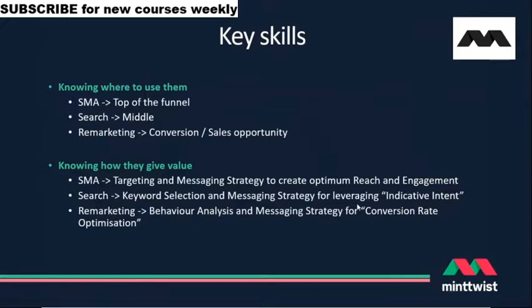For that reason, it's very, very effective. And what gives it that ability is the targeting capability inside social media advertising, our ability to target people based on their geographics or demographic description, or any other targeting possibilities that these channels can give us.